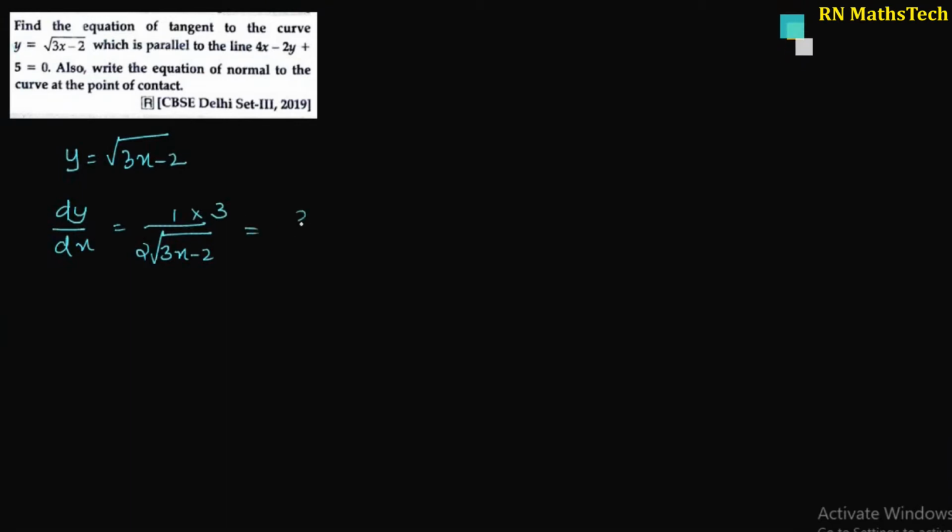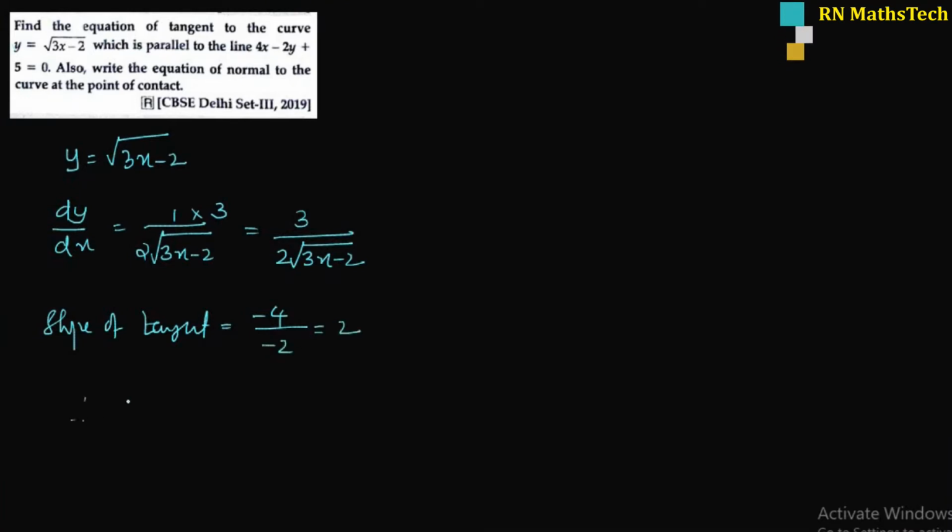That is 3 divided by 2 root (3x - 2). Slope of tangent is equal to -coefficient of x by coefficient of y, that is 2. Therefore 3 divided by 2 root (3x - 2) equal to 2.